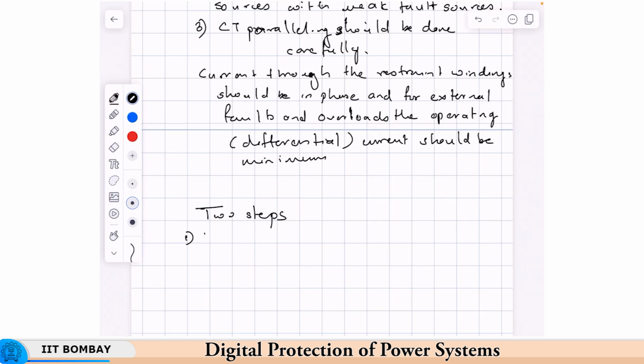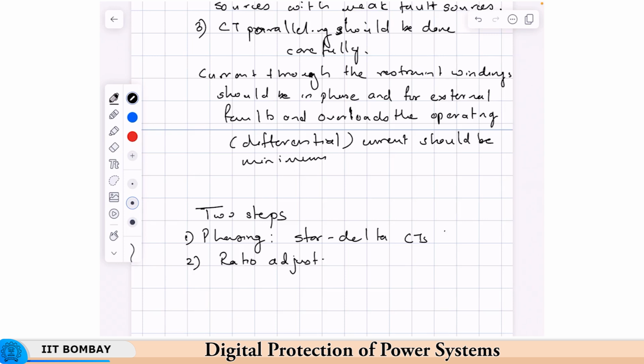One is of course phasing. Phasing means you could have a phase shift across the transformer because of the different vector groups. This can be done by using star delta CTs or Y delta as may be preferred. And the second is ratio adjustment.